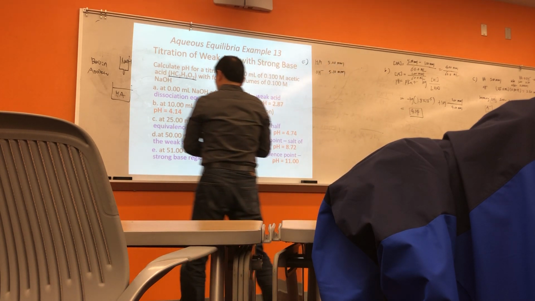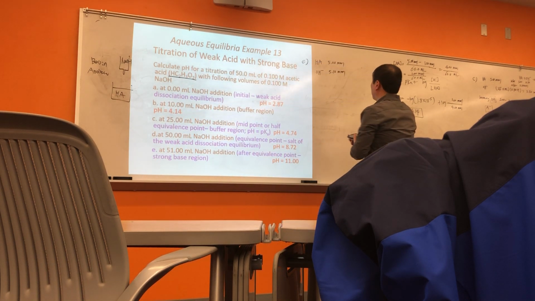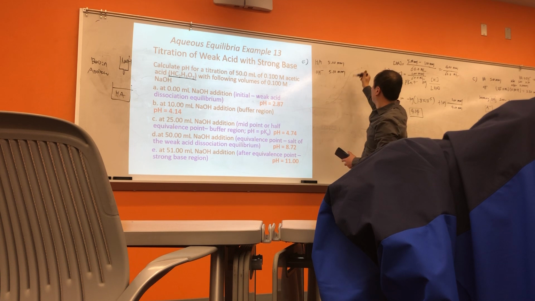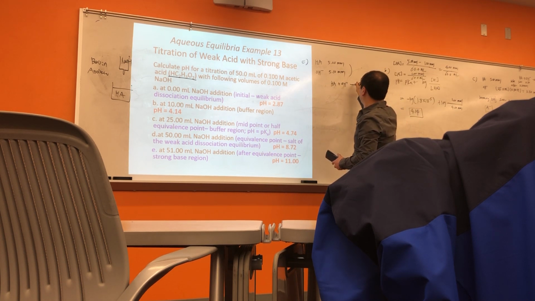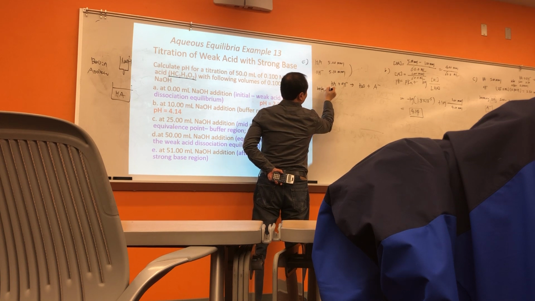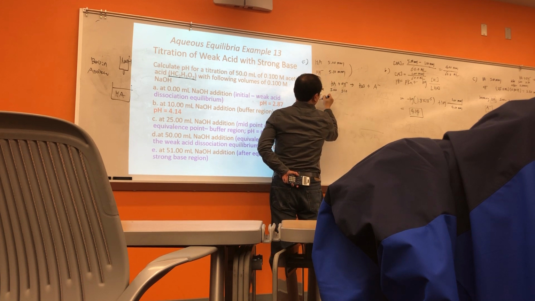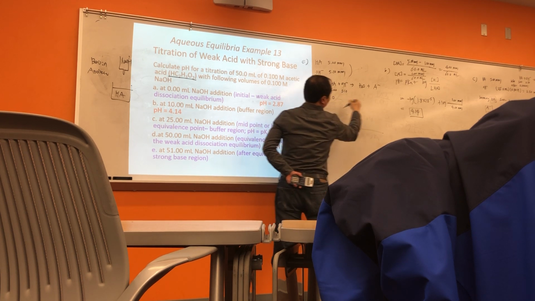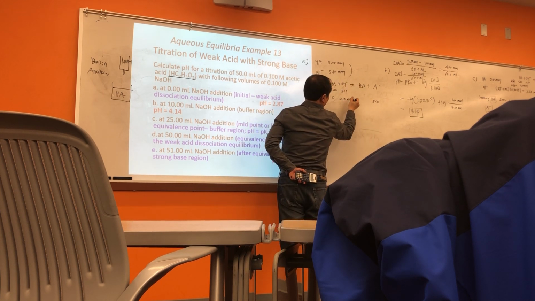Why? 50 milliliter completely neutralizes that. So you're going to have OH minus this much. So altogether, after you neutralize, all of them will be neutralized to this, and then you're going to have this leftover.